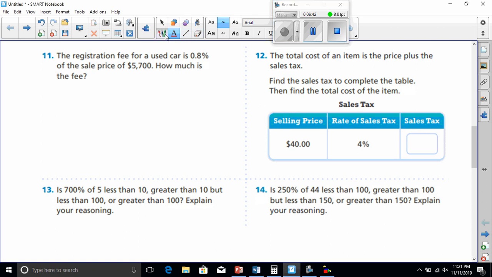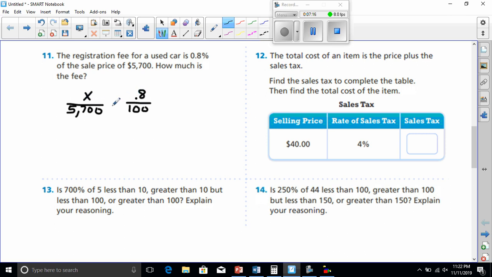So once again, we can set this up realizing that the sale price is $5,700. That's 100% of the sale price of the vehicle. Of that, 0.8% is the registration fee, and so we need to know how much the registration fee is.